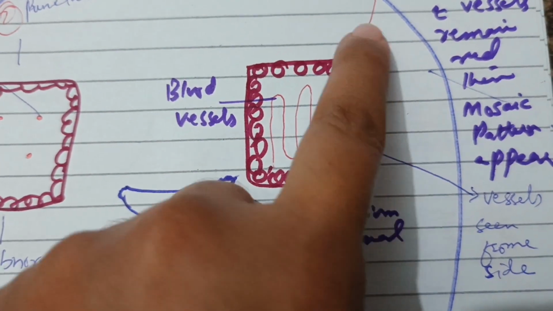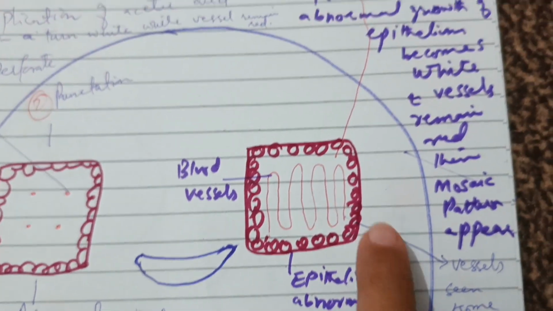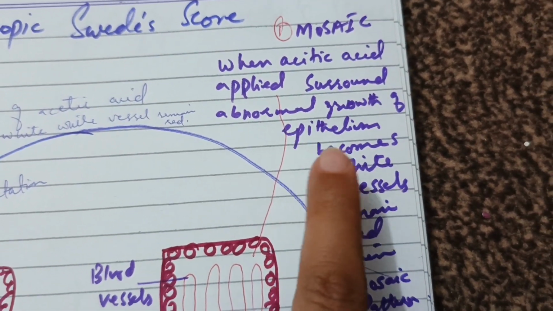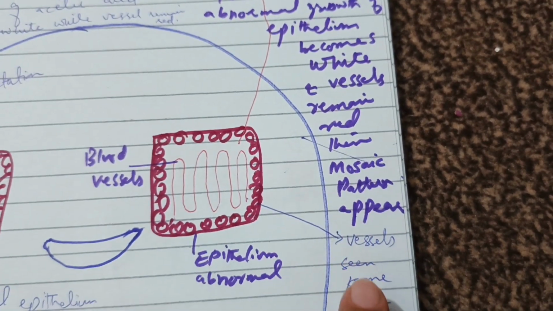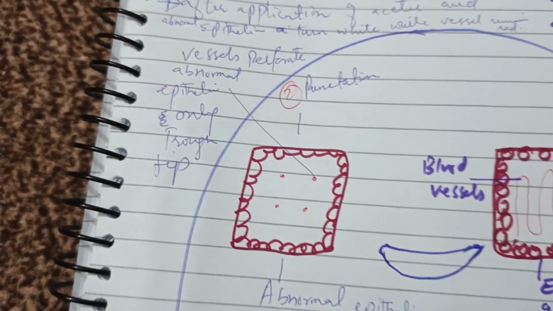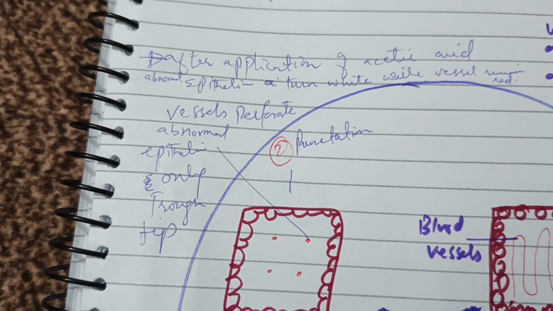Again, this is abnormal epithelium with red blood vessels inside. When acetic acid is applied, the surrounding abnormal growth of epithelium becomes white and vessels remain red. This will give the mosaic appearance. And again, this is abnormal epithelium.